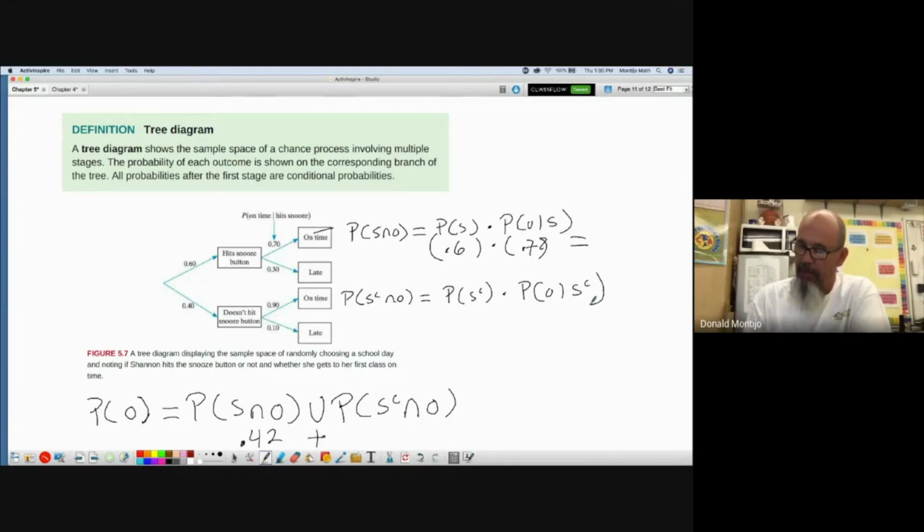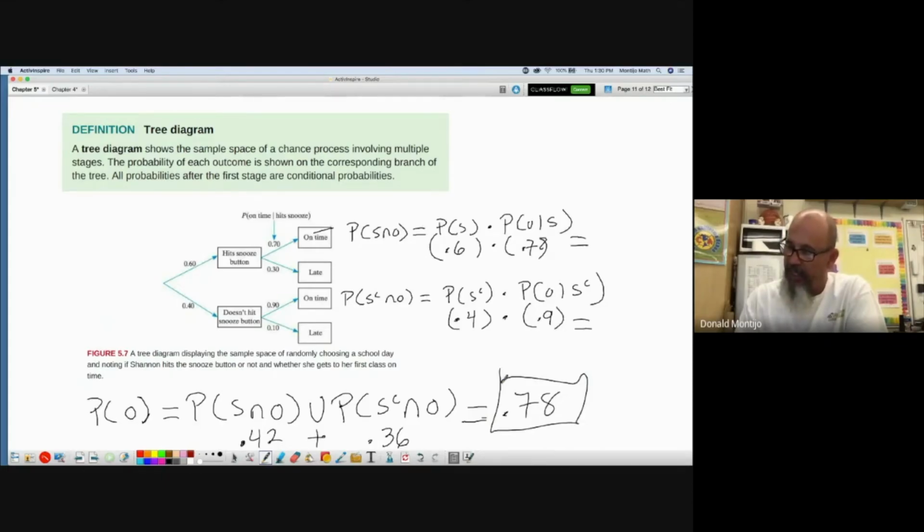So the probability of not snoozing is 0.4 times the probability of being on time given that I did not snooze is 0.9. So the probability of not snoozing and being on time is 0.36. So the probability on a randomly given day that you are on time to school is 0.78 or 78%. Not very good. You better get to school on time more than 4 out of every 5 days.